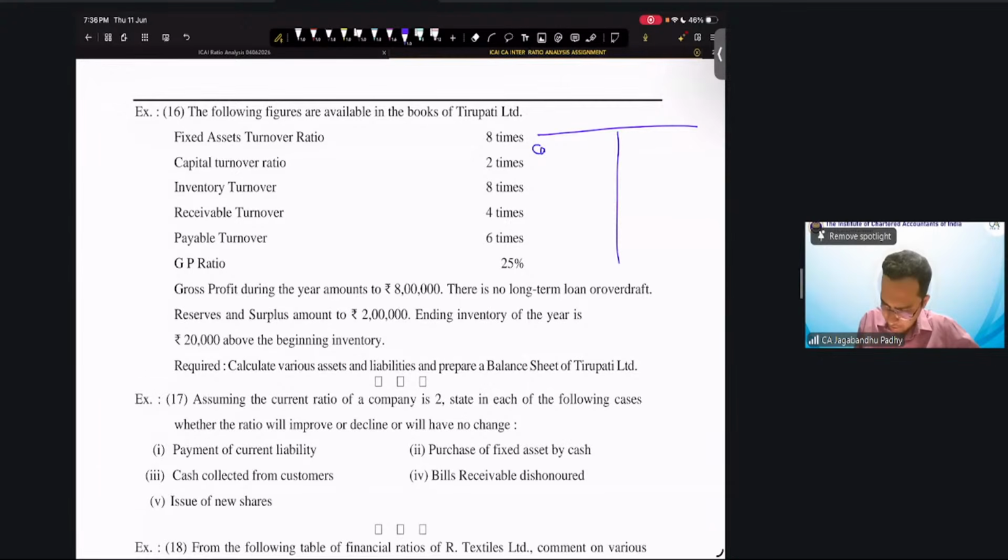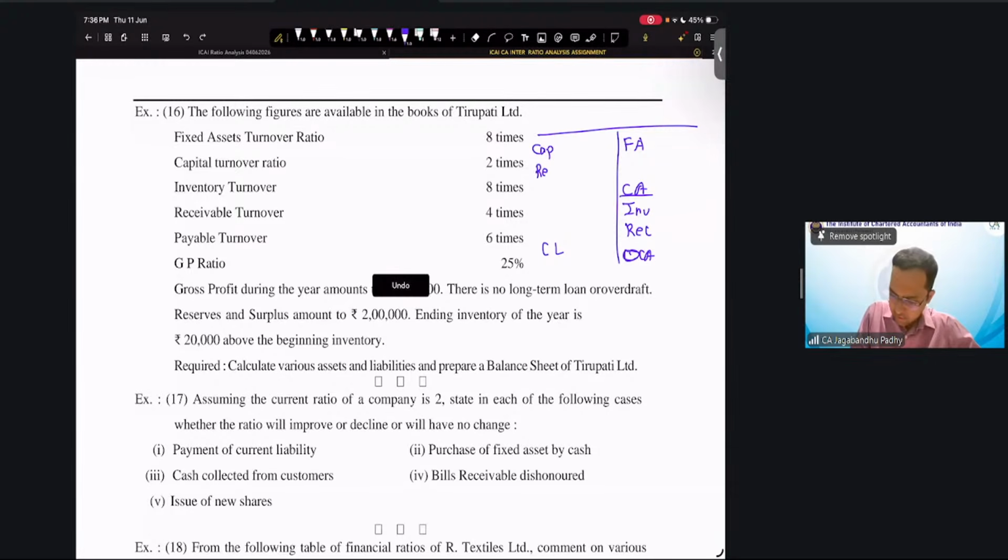So you will definitely need capital. In current assets, you will need inventory, receivables, and other current assets. Then you will have current liabilities. Then you will also have the fixed asset value. So you need the capital, reserves, and surplus.